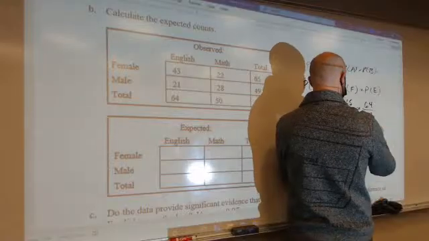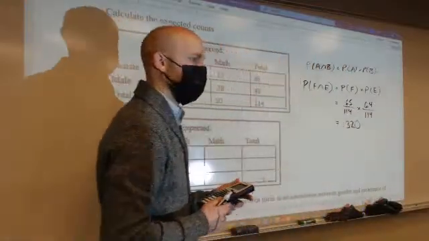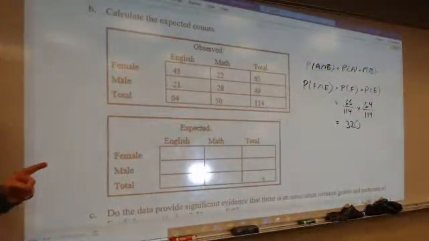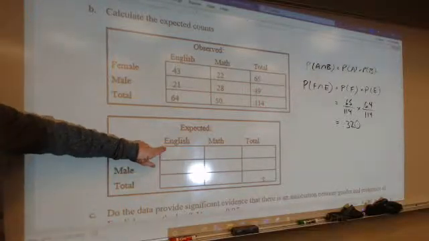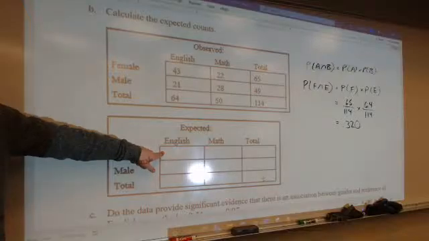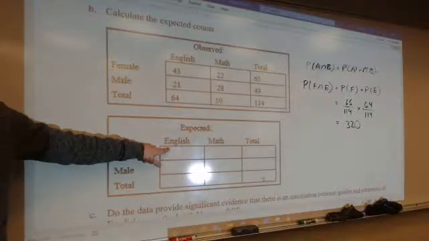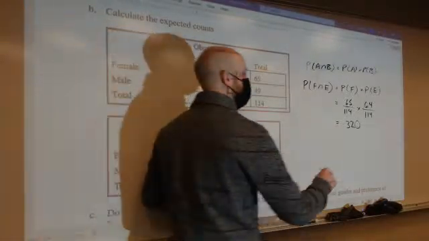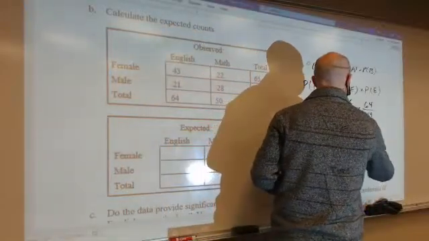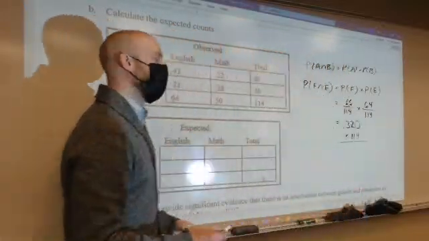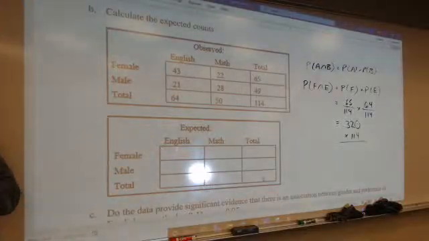So in a perfectly independent world where the results do not depend on each other, we would expect 32% of our data to fit into this box. So now multiply that by 114, and you get the number of things that go in that box.